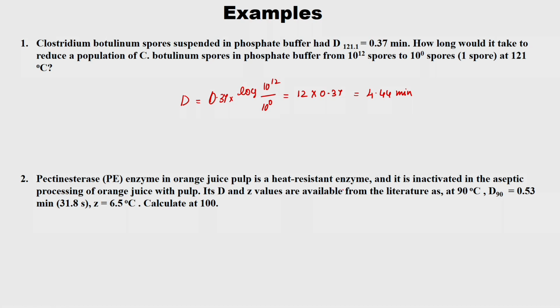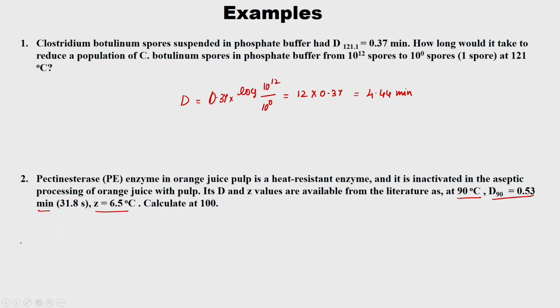Pectin esterase enzyme in orange juice pulp is a heat resistant enzyme and is inactivated in the aseptic processing of orange juice with pulp. Its D and Z values are available from the literature. At 90 degrees, D90 is given, in minutes as well as in seconds, and Z is also given. So, we are supposed to calculate at 100.